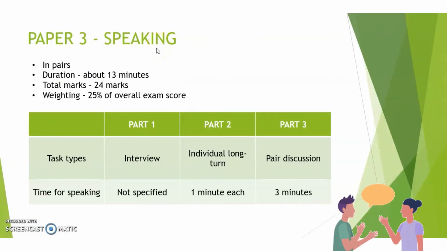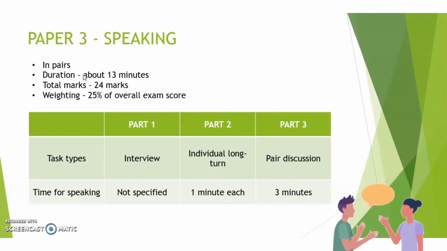Speaking. Speaking test also has 3 parts, and you take this test in pairs. This is just like the one you took for PP3. You'll be paired with one of your classmates that your teacher arranged. Both of you will be entering the exam room together, and you will see 2 teachers there.